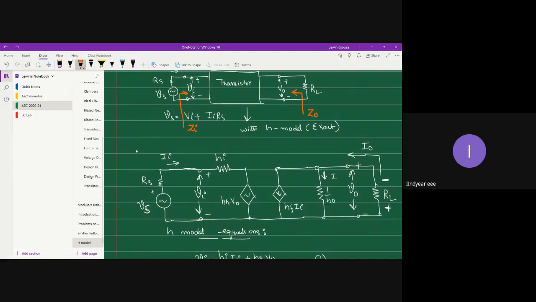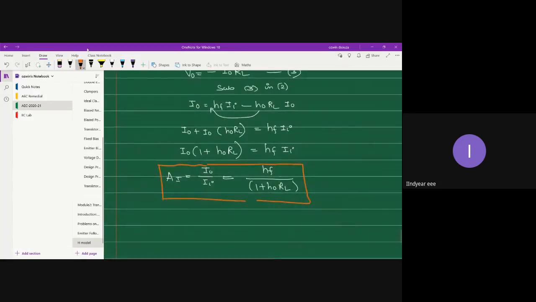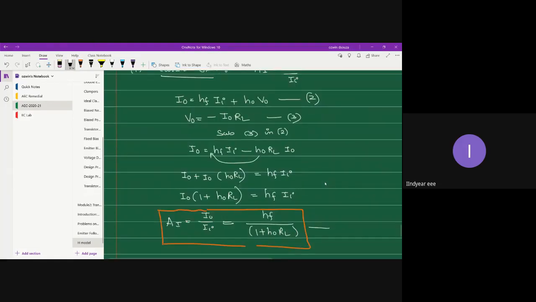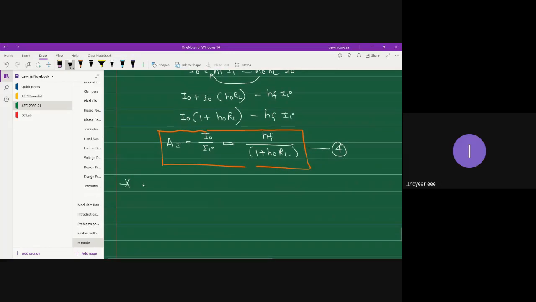For voltage gain, let's take up the second one. Let me take this equation as equation 4, because we would need it in our future derivation as well. And next up, we have the voltage gain.